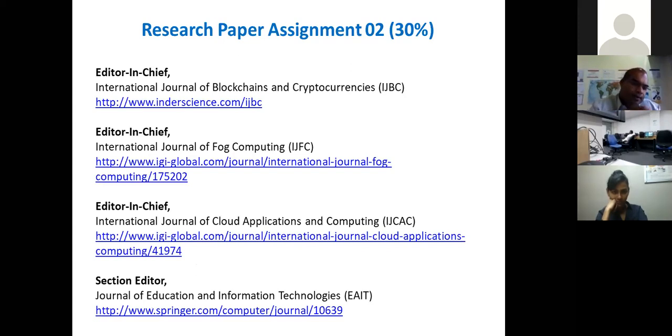If you are writing papers on blockchains and cryptocurrencies, there is a possibility that your paper will get published in my journal. If you are writing papers on fog computing, cloud computing, mobile cloud computing, there is a possibility your paper will get published in my journal, because I am the ultimate authority that decides which papers to publish.